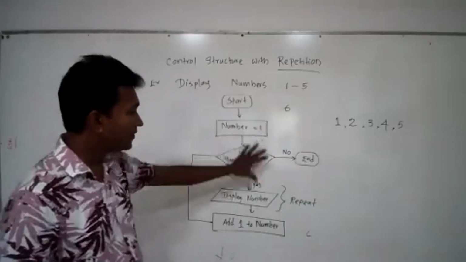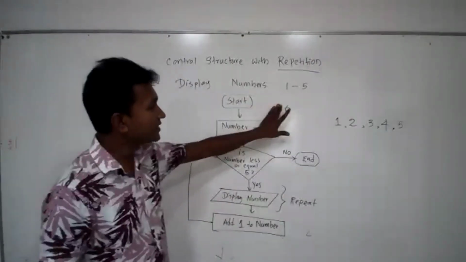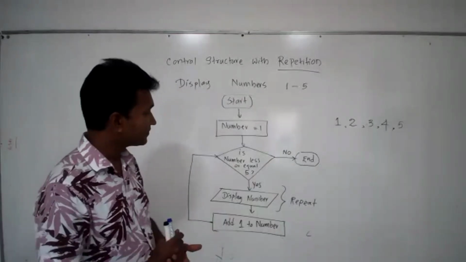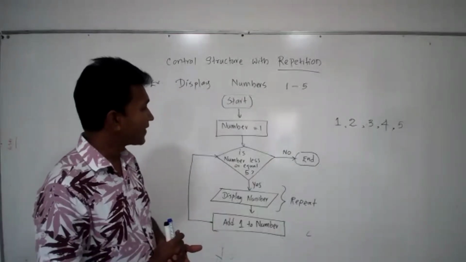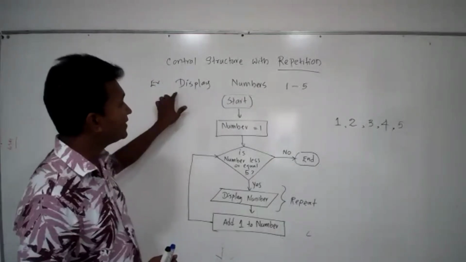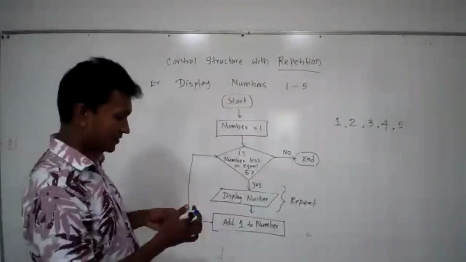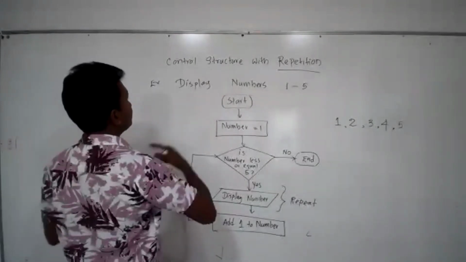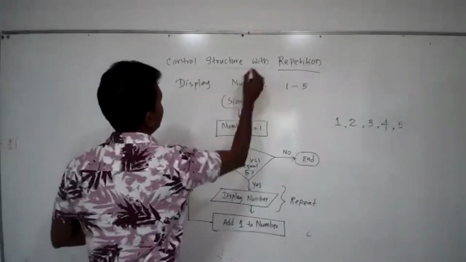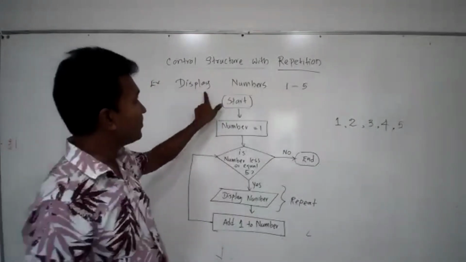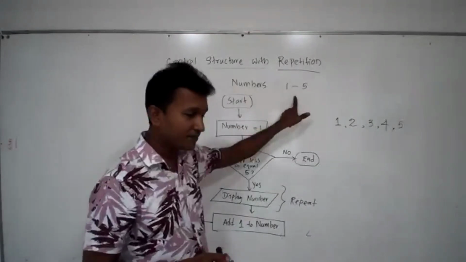This is a kind of repetition in programming. Right? Can you write this example? Write the topic. This is our first example: display numbers 1 to 5.